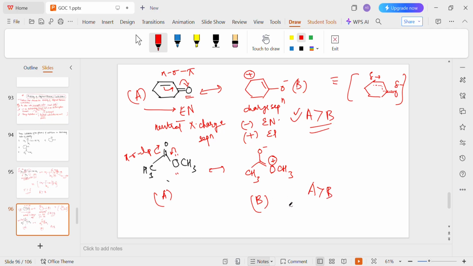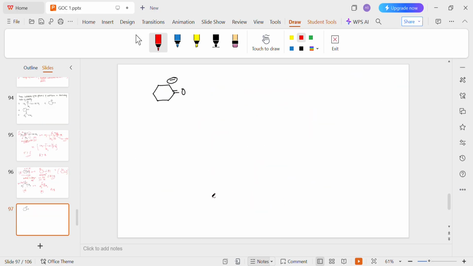Okay. Now this is the next structure that we have. Here we'll have pi sigma negative charge delocalization. This negative charge comes here and the pi electron density is pulled away by oxygen. Pi density here, oxygen here, and negative here.